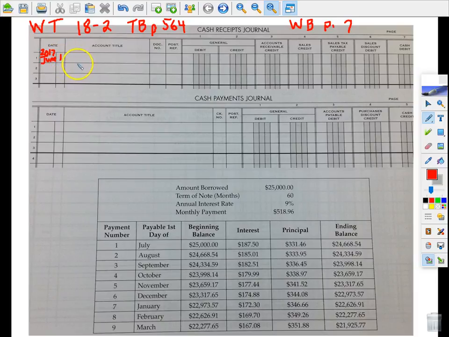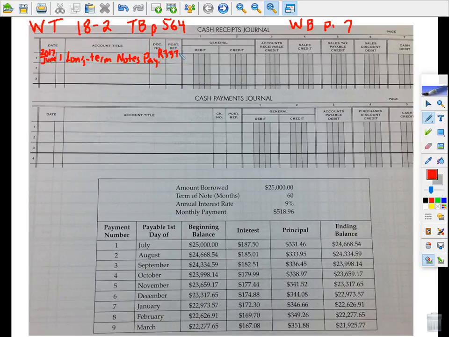And the liability, since it's a 5-year note, more than a year, we're going to call this long-term notes payable. And you see the document number there is R337.